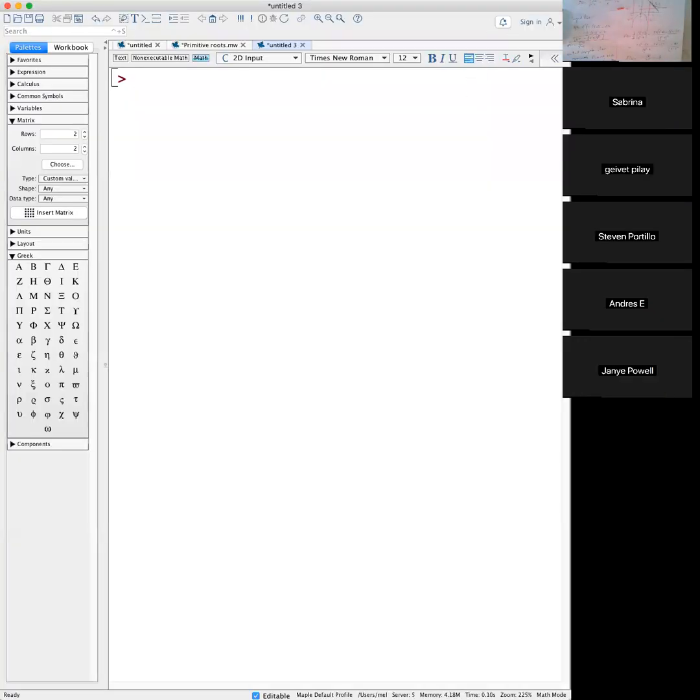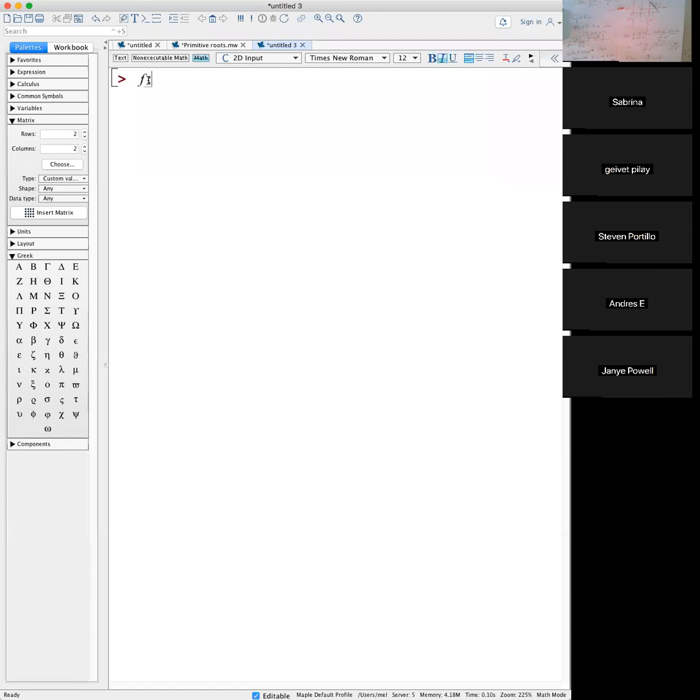Okay. So here's a Maple worksheet. Can someone tell me if you can see this on your screens? Is this visible? Yeah, we could see it. Okay.